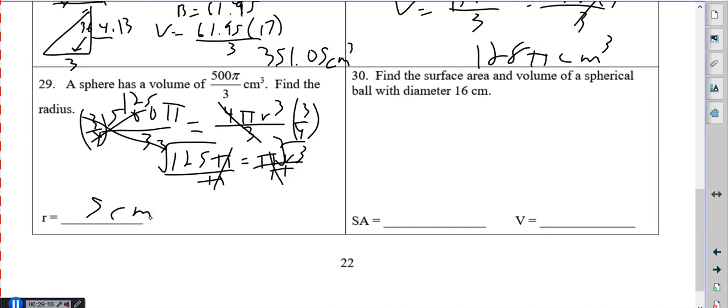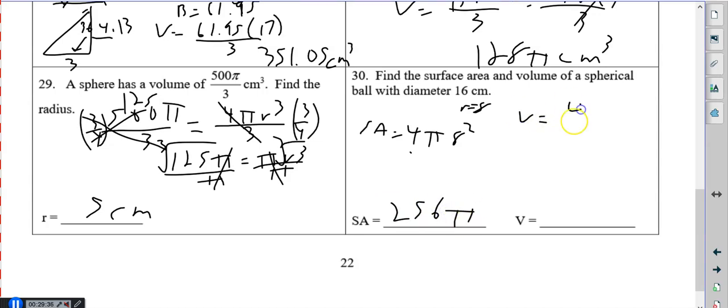Last problem for this section. Find the surface area and volume of a spherical ball with a diameter of 16, which is a radius of 8. So surface area is 4 pi r squared, which is 256 pi.